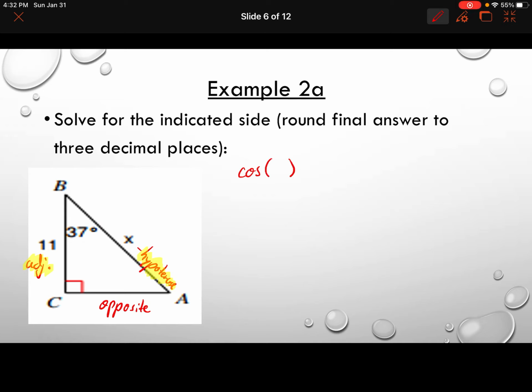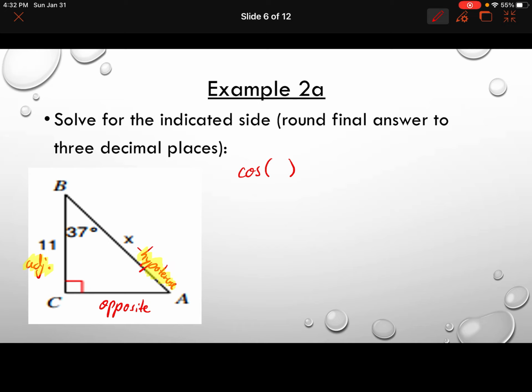Cosine involves adjacent and hypotenuse, so we should probably use that trig function. We could also use secant, honestly, because secant is hypotenuse over adjacent, but we're going to use cosine because we know the adjacent and we're trying to solve for the hypotenuse. It doesn't make sense to use the opposite because we're not trying to solve for it, and we don't even know it.